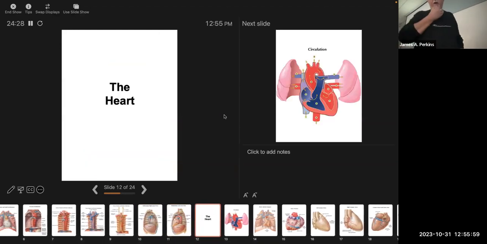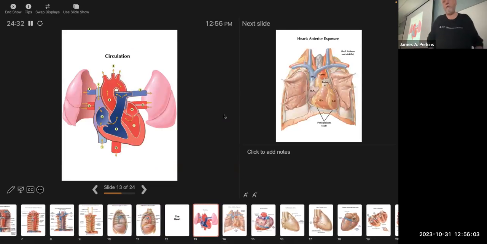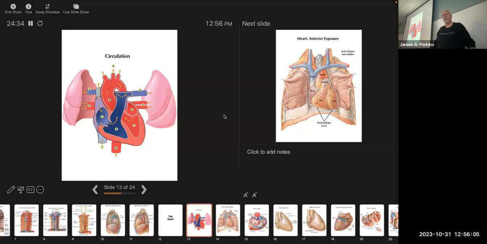All right, so let's turn our attention now to the heart. And before we get into the details of the heart itself, let's just refresh our memories about the pattern of blood flow as it flows through the heart. So if you look closely at this picture, you'll see that the different steps in the process are numbered in order.